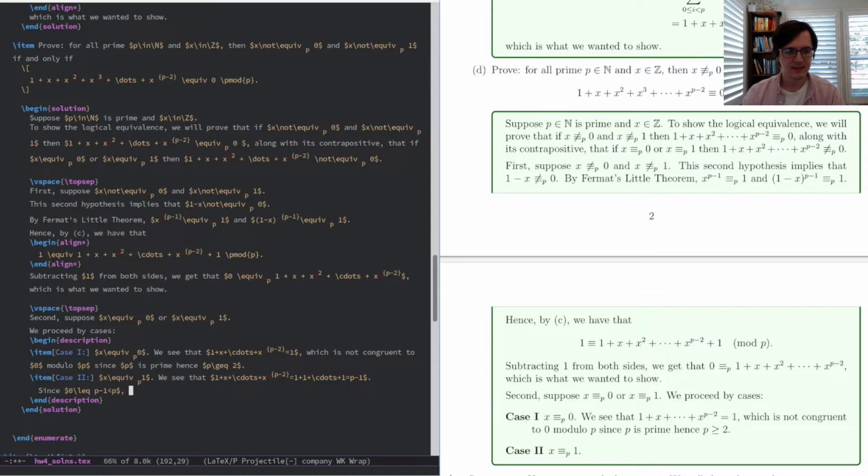well, since p is greater than or equal to 2, that means p minus 1 is not congruent mod p to 0.